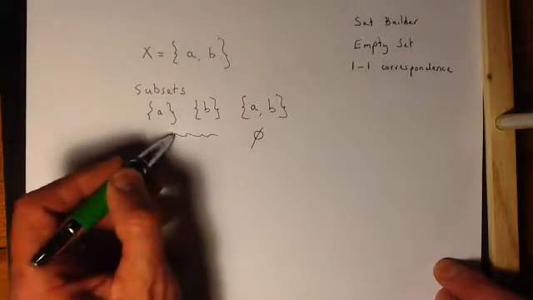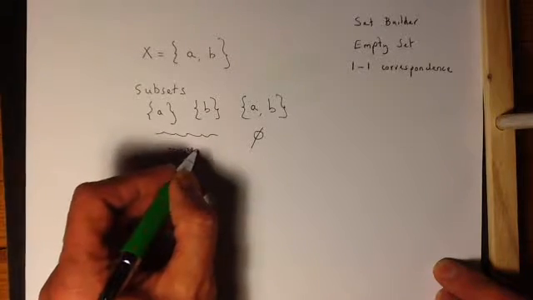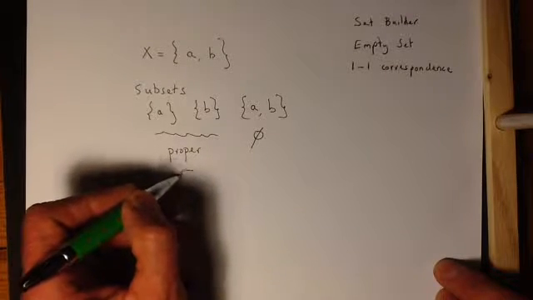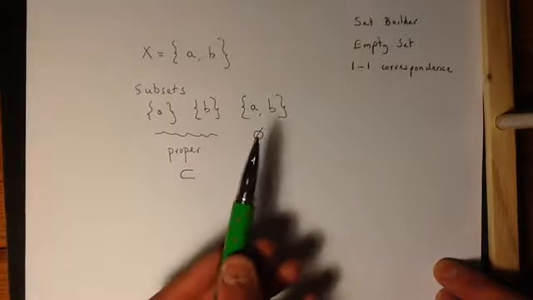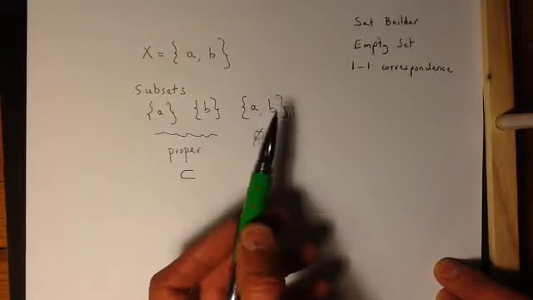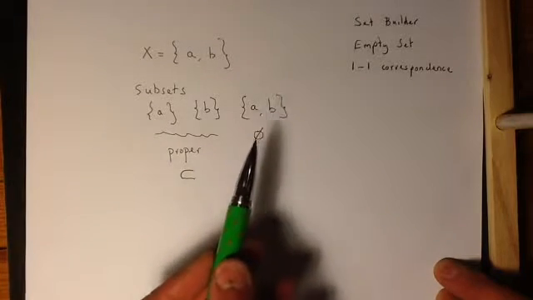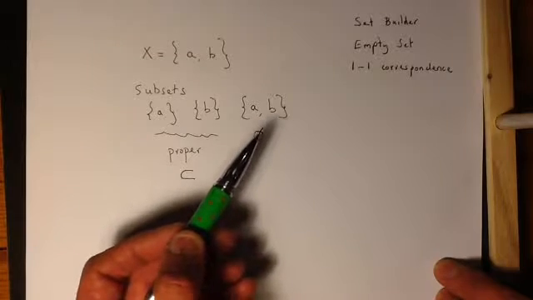These two are called proper subsets, and we will use this symbol. If we are using the set itself or the empty set, these are not proper subsets, but we can always include them as subsets.